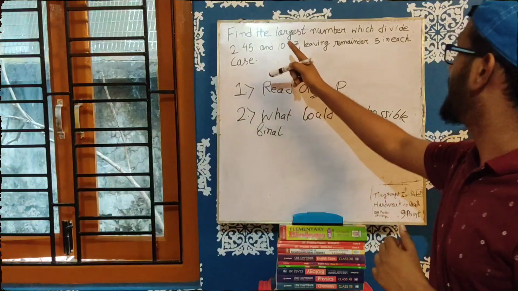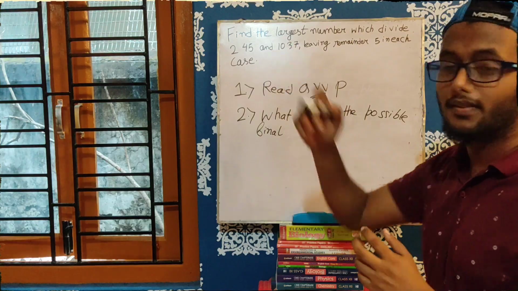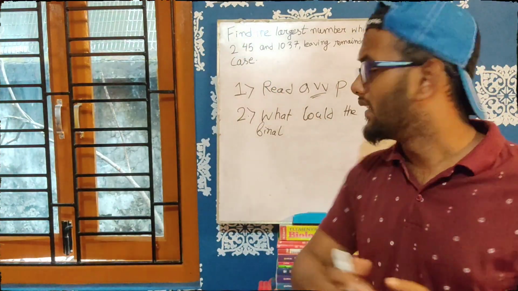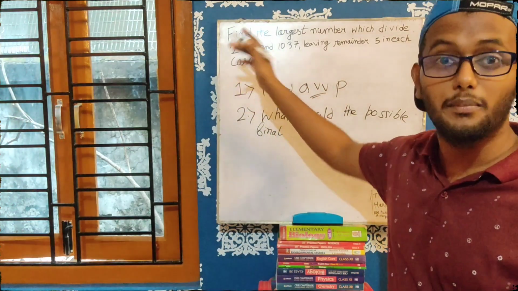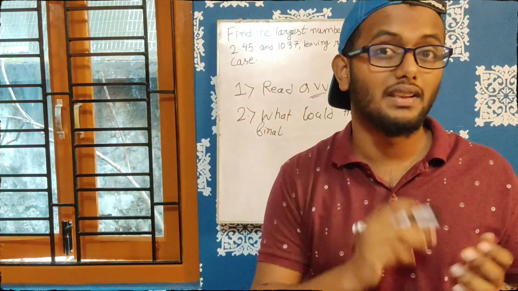So, find the largest number which divides 245 and 1037. 1037 cannot divide 245 because 245 is less than 1037, so the highest could be 245.